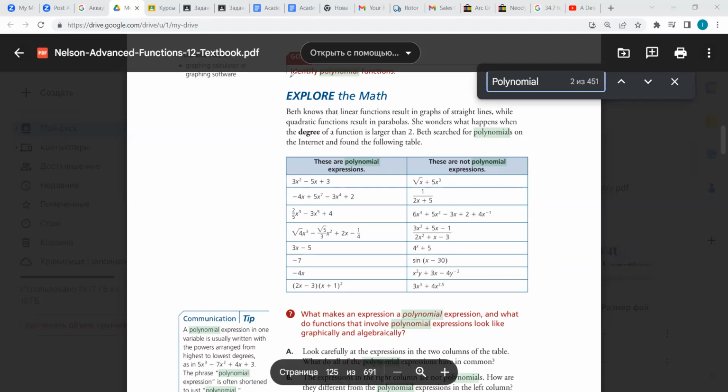And one more, let's compare the first one on both of the tables. First thing first, I can notice that on the left-hand side, where it says that these are polynomial expressions, powers of the independent variable are listed in order of decreasing.